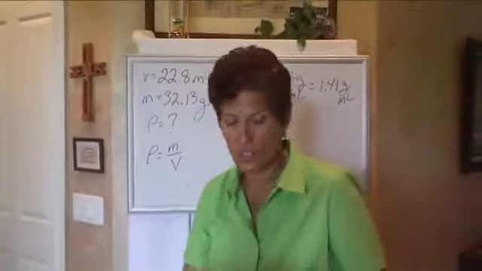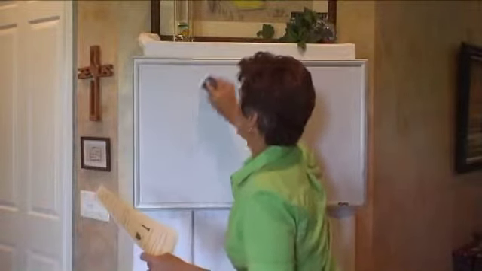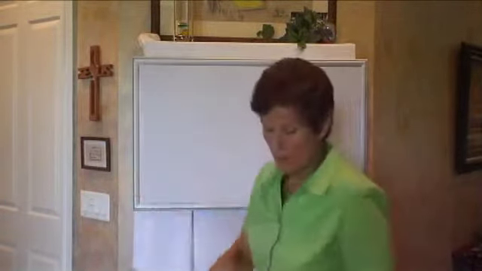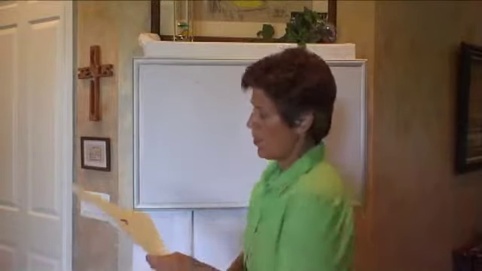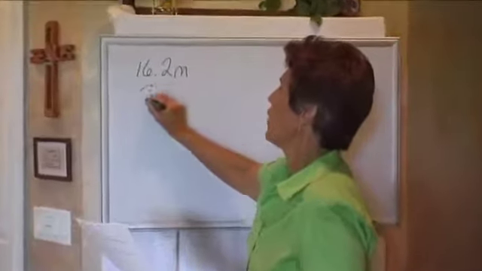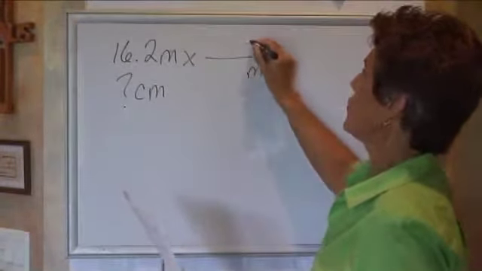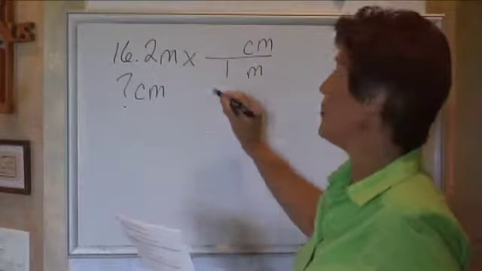Okay, number 7, I'm going to erase my board. Number 7 says how many centimeters are in 16.2 meters. So 16.2 meters, we want to know how many centimeters. So I'm going to times line meters, centimeters. He's the big boy.